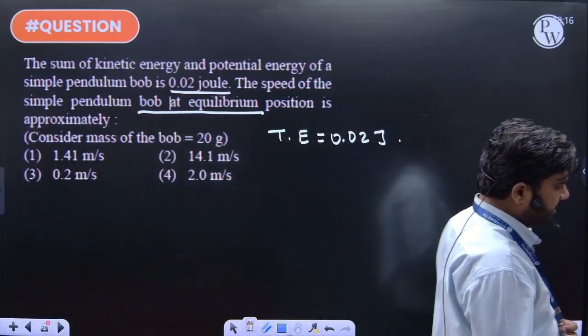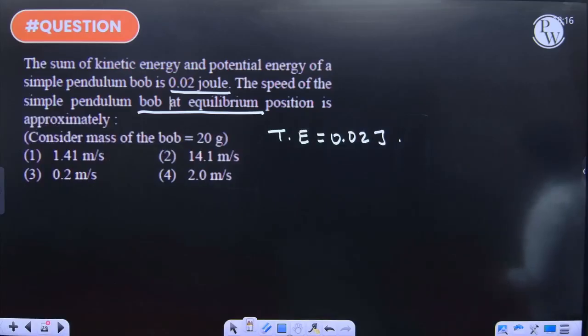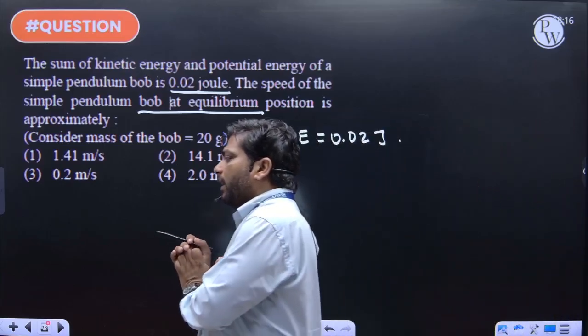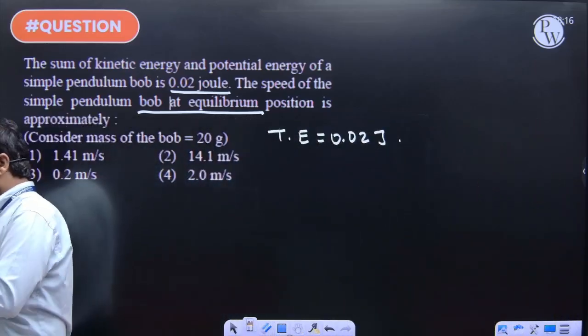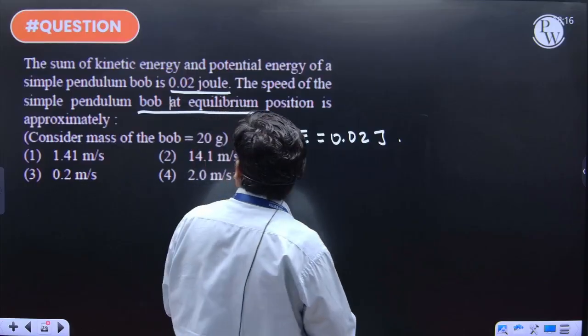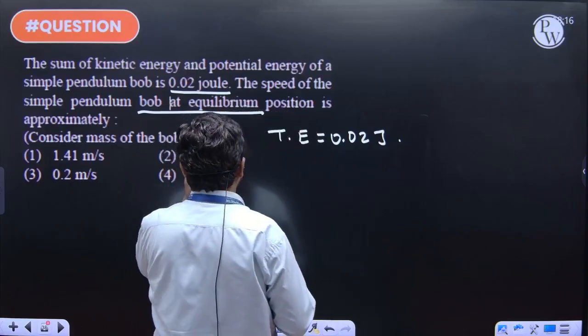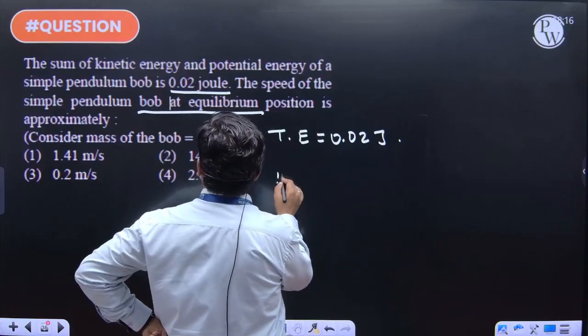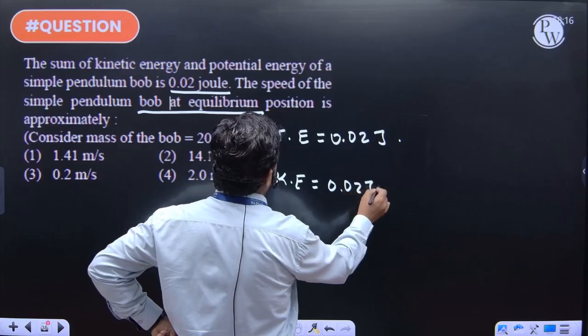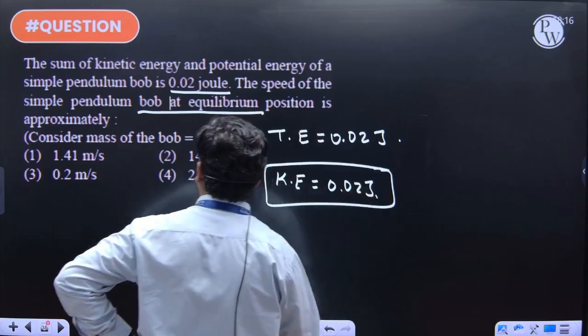Equilibrium position means where the force is 0, right? And at that point, its potential energy will be 0, if you consider that reference point to be 0. So kinetic energy will be equal to 0.02 joule. All of its energy will be in the form of kinetic energy.